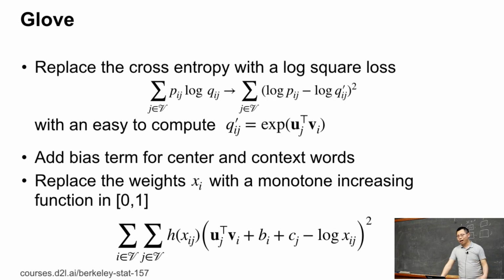We also add a bias term to account for the prior probabilities, since before we only had vectors. And finally, we replace the weight x_i with a function h_ij between 0 and 1, and we obtain the final objective function.